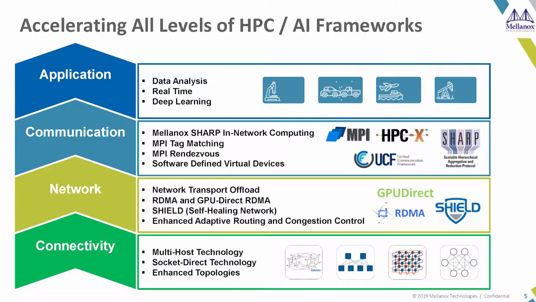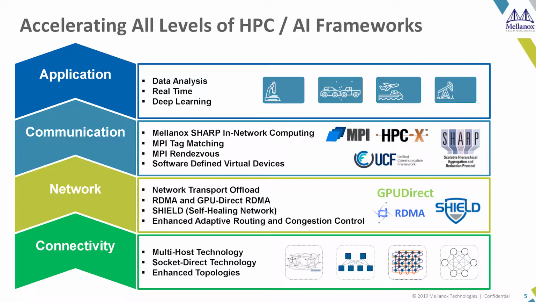This might be ways to improve the utilization of the network capabilities using technologies such as multi-host or socket direct, which allows a single device to support communication from more than a single host or more than a single socket. If your single source of data doesn't need the high data rates that are available today, those capabilities can be shared between multiple hosts, making the interior portion of the network cheaper.